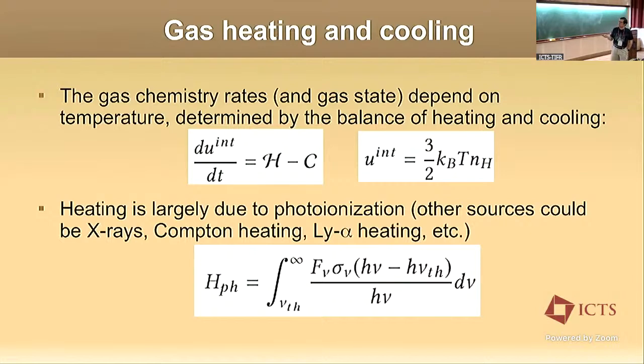So the heating term is basically the flux times the cross section, and then you have the difference between the threshold and the photon energy. It's a very similar integral to before. The only difference is that now you put here the difference in the energy, because only the excess energy is heating the gas. The ionization energy gets absorbed just to get the electron out of the atom, so it's lost, right? This is the binding energy of the electron.